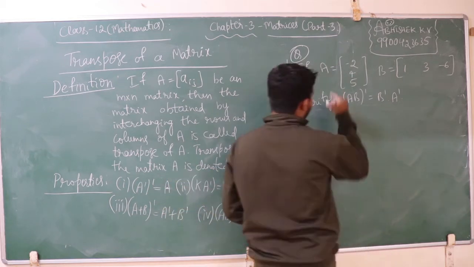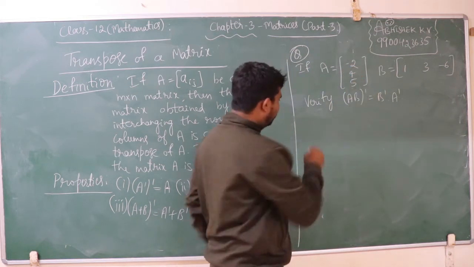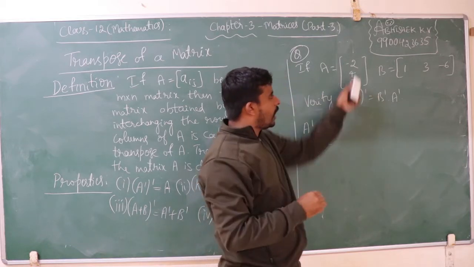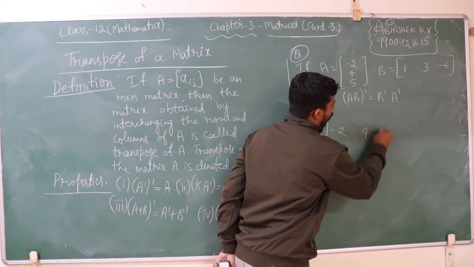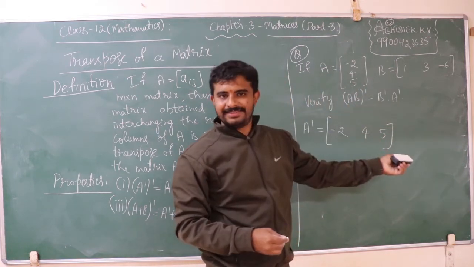For example, see, A is equal to minus 2, 4, 5. What is A transpose? Changing this column to row, this is the transpose: minus 2, 4, 5. The order 3 by 1 changes to 1 by 3.